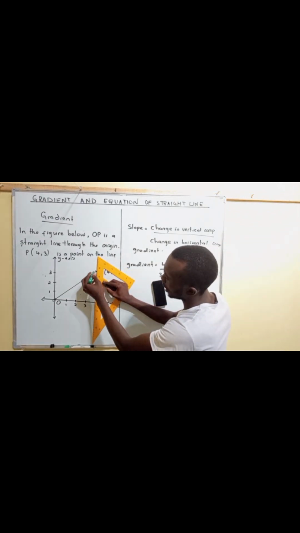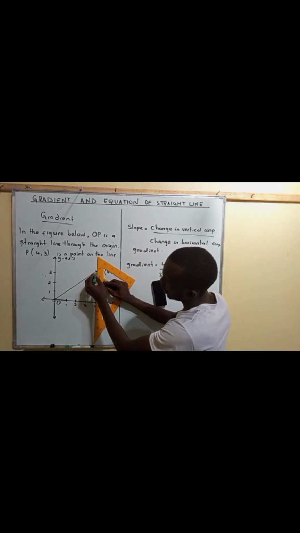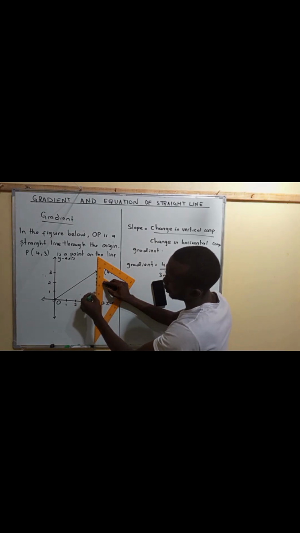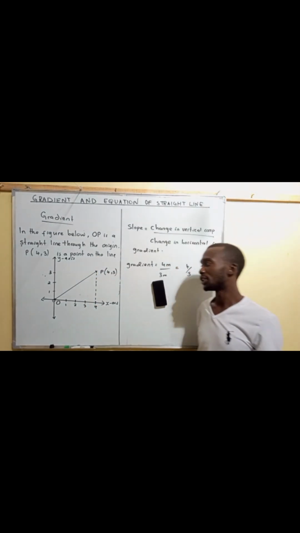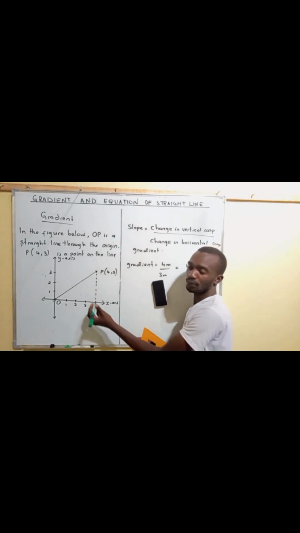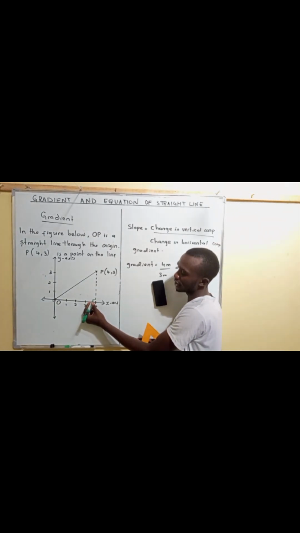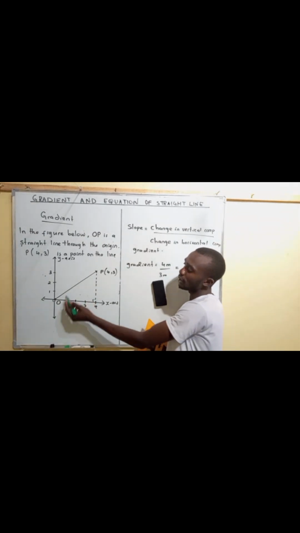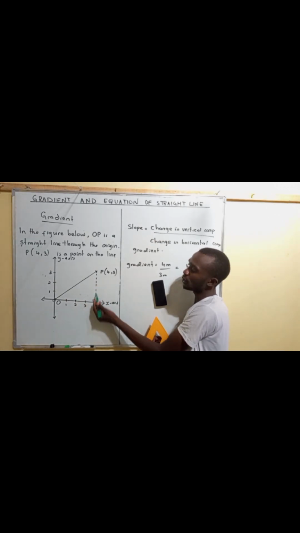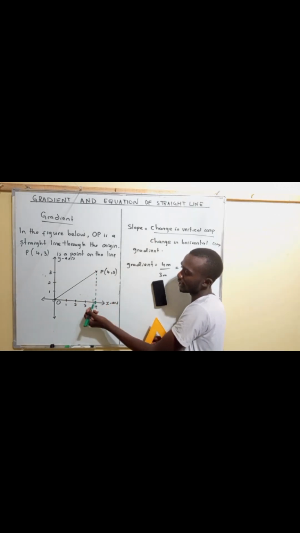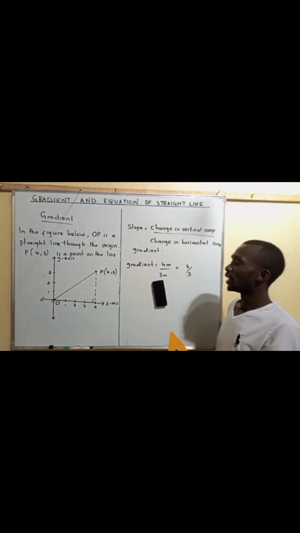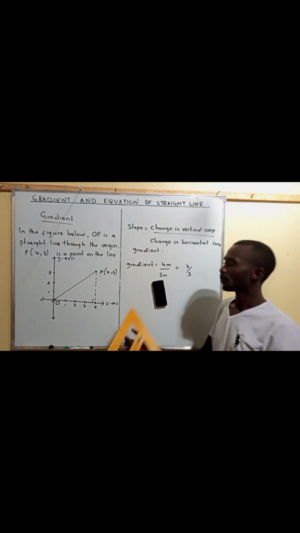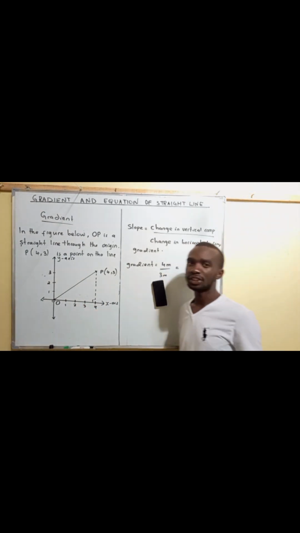So you can drop a line from point P to touch the x-axis at a point. That is the x-intercept. In this case, this angle here is 90 degrees. From line OP, we have the vertical component of the line and the horizontal component. The vertical component represents the y-axis and the horizontal component represents the x-axis.